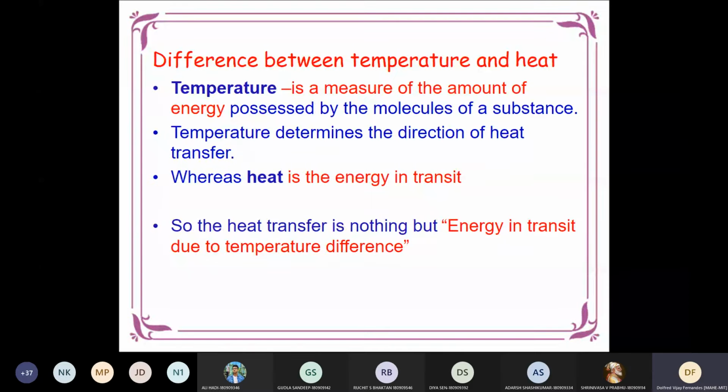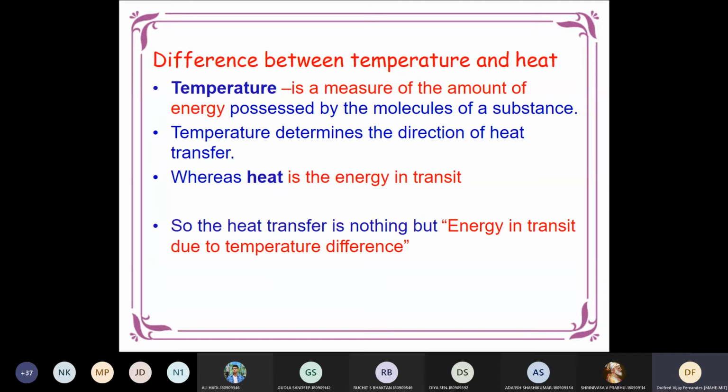So then what's the difference between temperature and heat? We already discussed it. The temperature is a measure of the amount of energy possessed by the molecules of a substance. So temperature is actually related to the internal energy. Internal energy possessed by the substance is measured using its temperature, right? Energy possessed by a substance becomes zero if the temperature is absolute zero Kelvin.